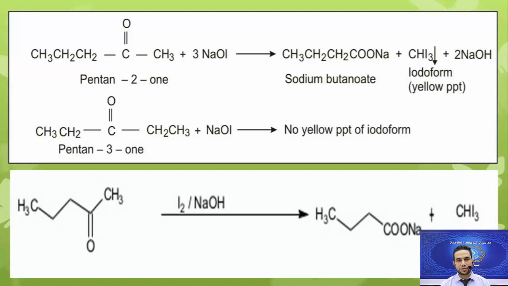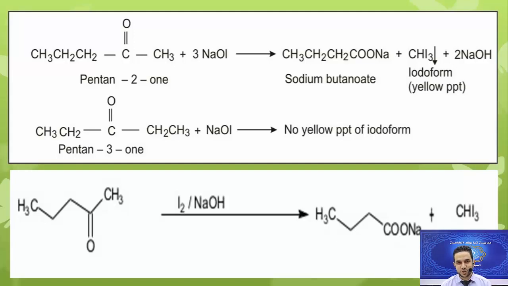So this is the first important point: I know if it gives a positive or negative result. This is in ketones. But in aldehydes, you know only one gives a positive result, it is ethanal. So the second point, when I write the equation, you can write the equation by two methods and both are correct, like it is written in number 1 or the last one. The last one is easier for you. You write CH3, CH2, CH2, C double bond O, CH3.